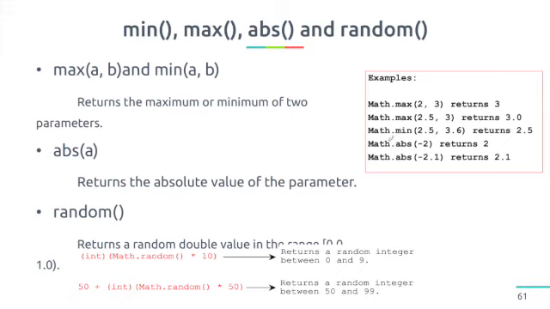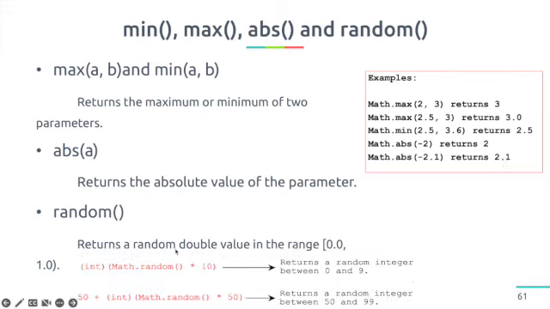And then we also have min, we give it two values and it returns the smaller of the two. Absolute returns the absolute value of the parameter, so the absolute value of -2 will return the value of 2. The absolute value of -2.1 will return 2.1.